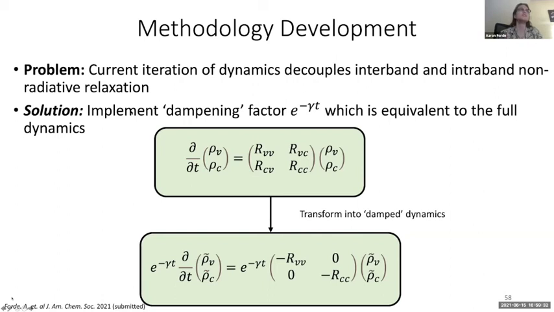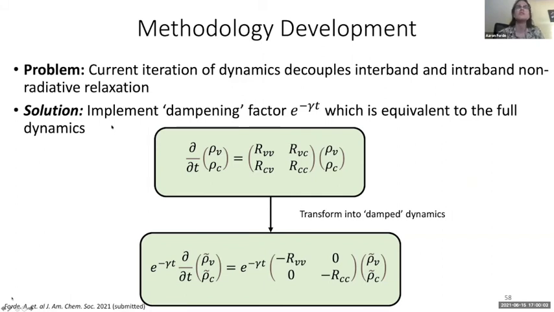Whereas previously I mentioned that we decouple inter and intra-band relaxation, the solution for this problem is to implement a dampening factor, e to the minus rate constant times t, in which the rate constant is gamma. And so gamma is the same as RVC and RCV.